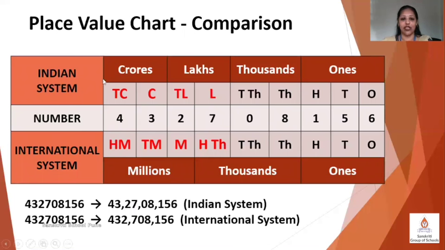This is because in the Indian system, the ones period has 3 digits, whereas all the other periods have 2 digits. Whereas in the international number system, all the periods have 3 digits.